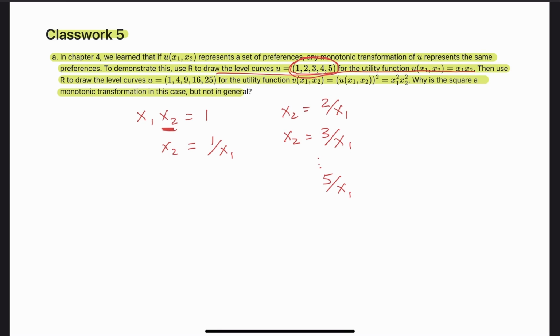So in R, I'll follow the same template as in the workbook. I'll initiate an empty plot using ggplot, open parentheses, close parentheses, which just initiates an empty plot.